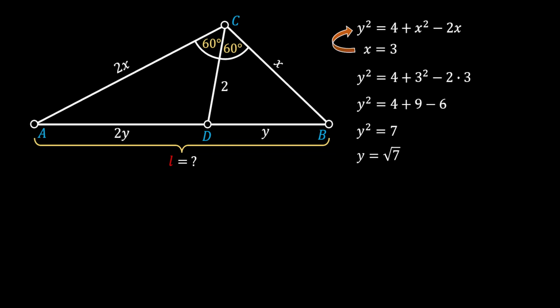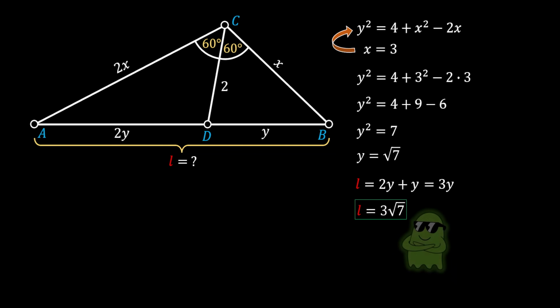And remember, we're looking for the length of the line AB, which is actually the base of our triangle. And this line consists of segments with the length 2y and y, which means that this line has the length of 3y. Now we will just substitute the value of y and get that our wanted length equals 3 square root of 7, and this is our solution.